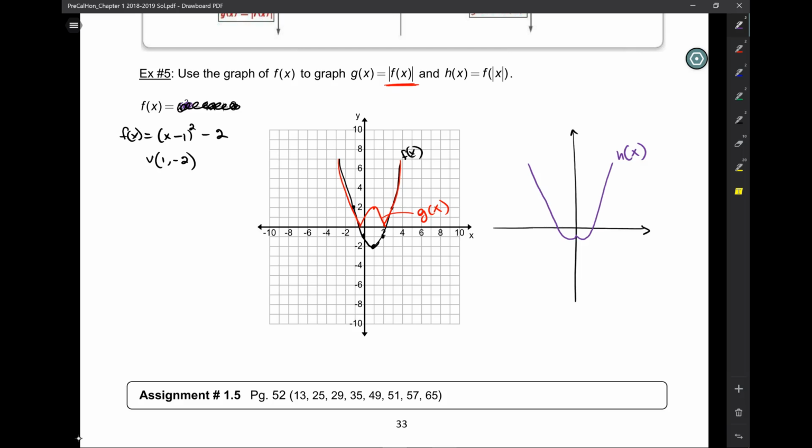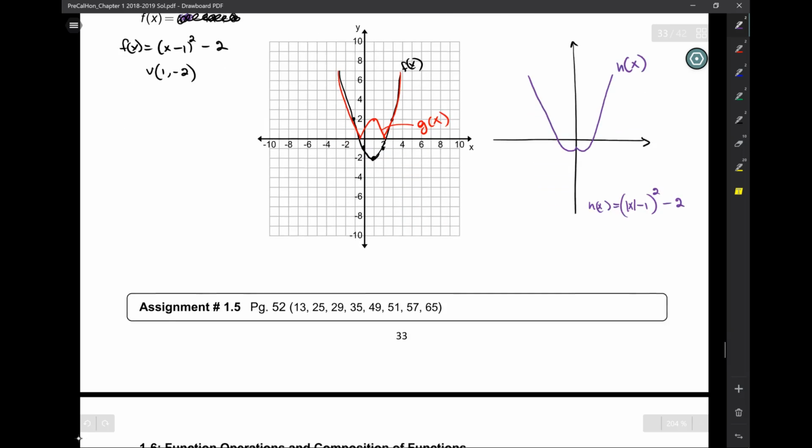If we delete it, then why is there still something on the left side? Because what it does is, suppose you put in x equals -2. What would it do? It would change the negative to +2. So suppose you had h of x is absolute value of x minus 1, squared, minus 2.